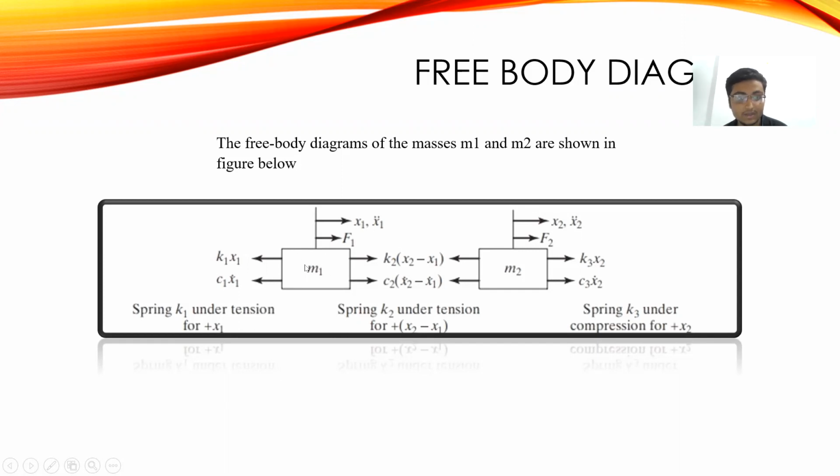Here, as you can see, for the first mass, the spring force and damper force are applied on the left hand side, and the force will be in the right hand side. Similarly for mass 2, and the acceleration and displacement of the masses are along the positive x-axis.